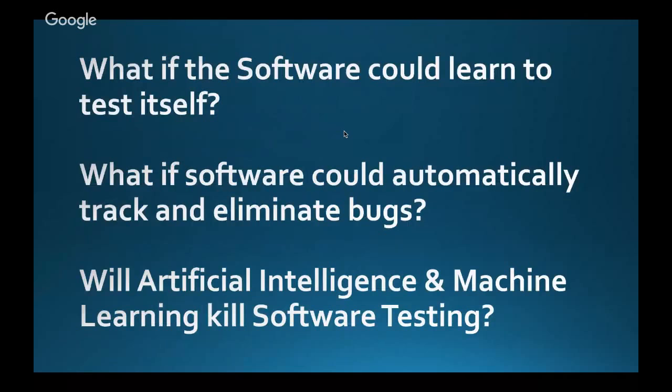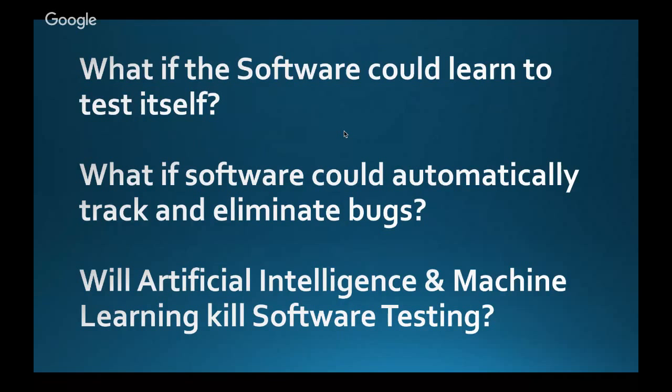Now, with this, we come to a very important slide which talks about different kinds of questions which most of you would be having regarding artificial intelligence and machine learning. What if the software could learn to test itself? What if the software could automatically track and eliminate the bugs? Will artificial intelligence and machine learning kill software testing?